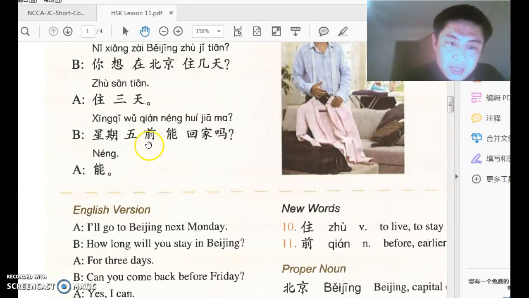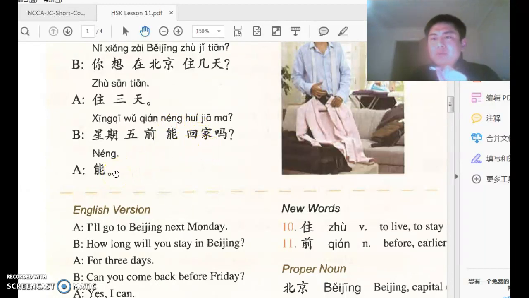The only difference is that in Chinese, we use 前 after a time or an action, like 吃饭前, before eating food, and 星期五前, before Friday. 能回家吗? 你能回家吗? 你 is omitted. Can you go home before Friday?